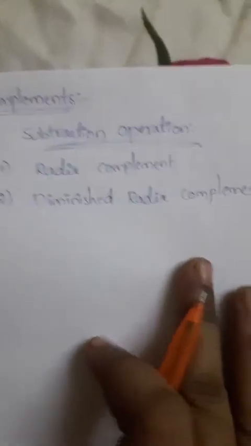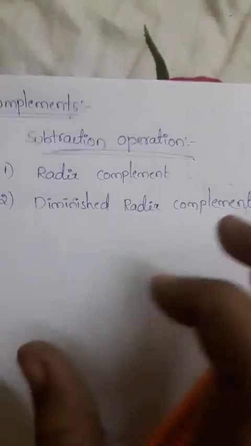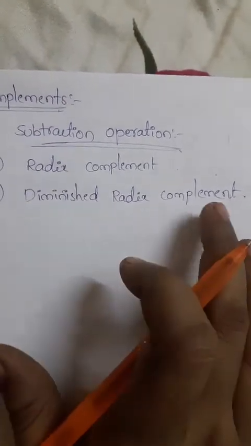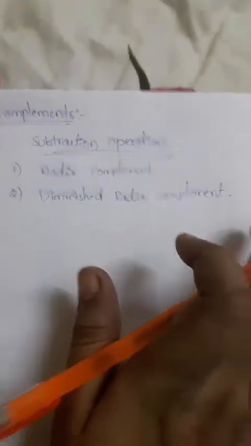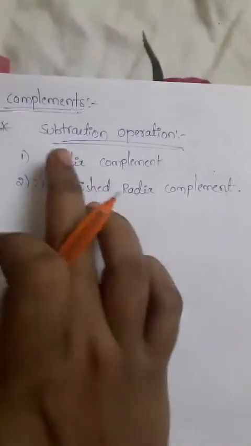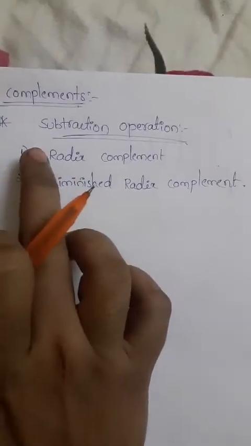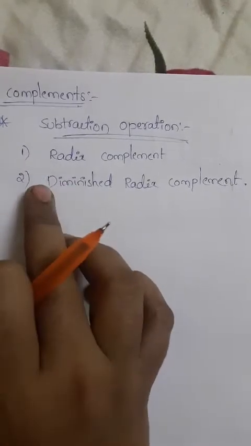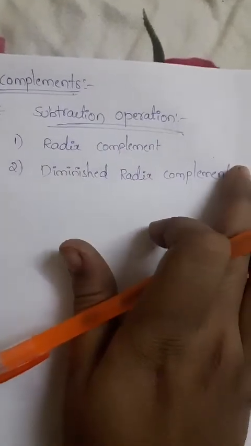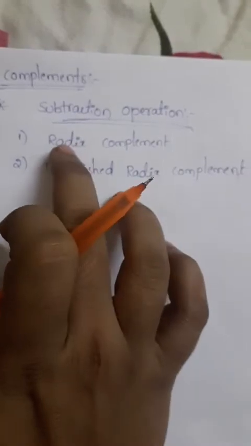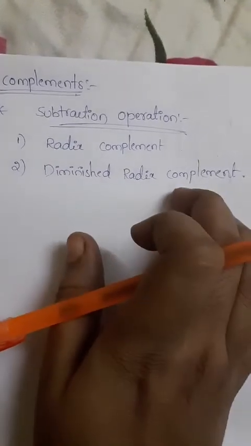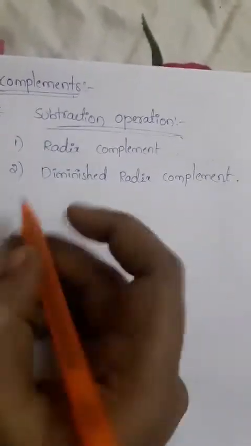Okay, so there are two types of complements for each number system. Remember the point: every number system has two complement methods, radix complement and diminished radix complement.